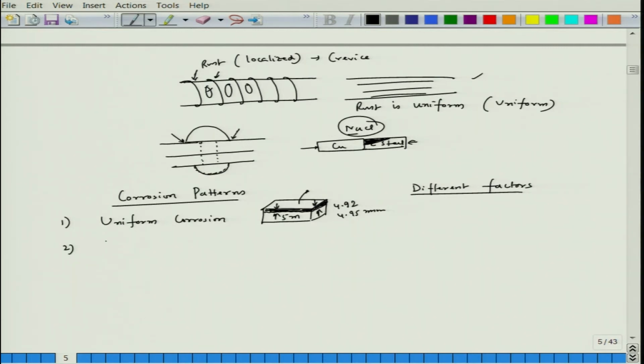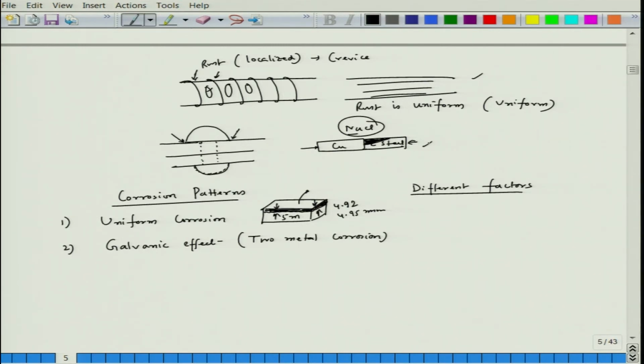Then the second one we have is the galvanic effect. Galvanic means we also call it two metal corrosion. In the case of two metal corrosion, if one metal is joined to another metal, and both metals have a difference in their activity in that particular electrolyte, we have a difference in corrosion of those two metals.